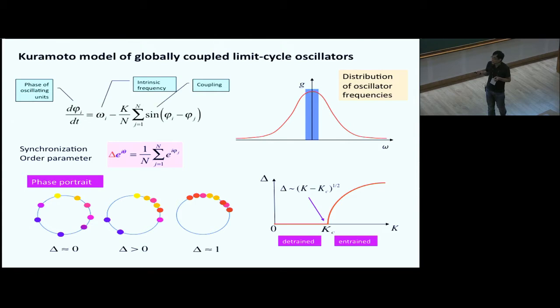Beyond this coupling strength, a subset of these oscillators get synchronized and move with the same frequency, and phase-wise they tend to cluster. This way, the so-called global order parameter will assume some finite value. That's basically the physics behind this synchronization phenomenon described by the Kuramoto model.